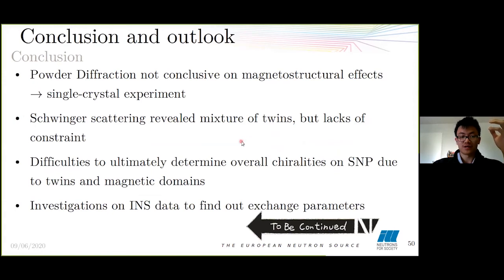And we encountered some difficulties to ultimately determine the overall chiralities in SNP due to the presence of the twins and of the magnetic domains. And I'm still investigating the inelastic neutron scattering data to find out more information about the exchange parameters.